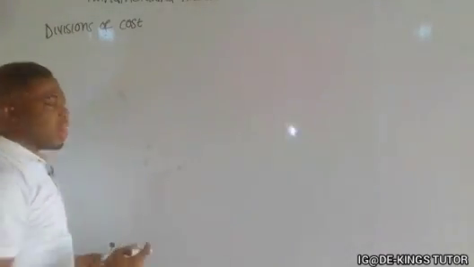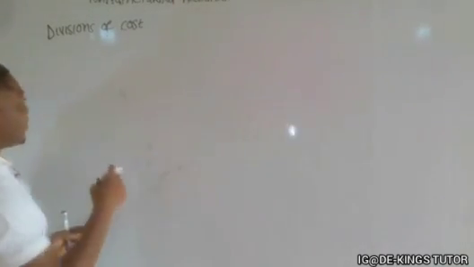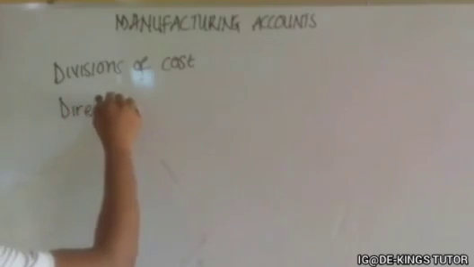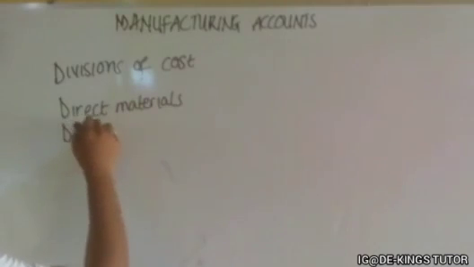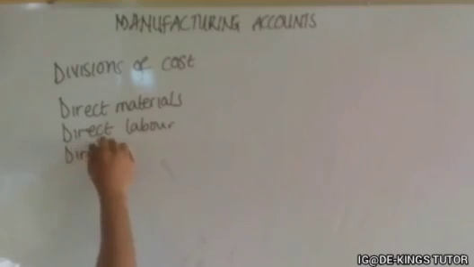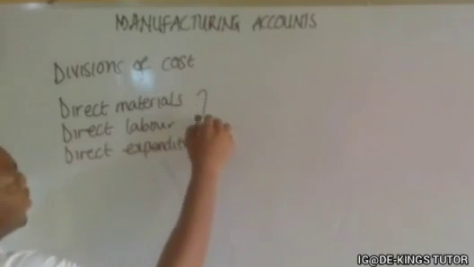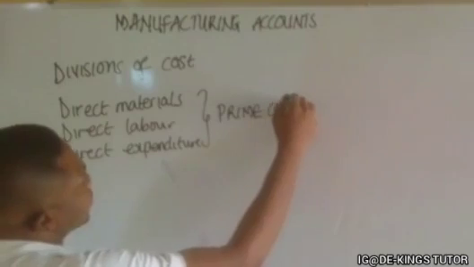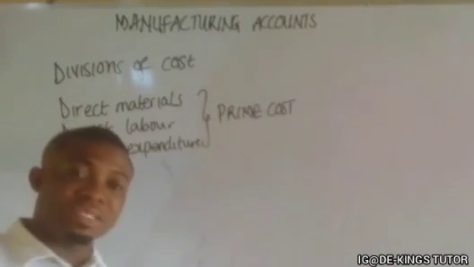Cost in terms of manufacturing account can be divided into direct materials, direct labor, and direct expenditure. All this gives what I call the prime cost. I will explain these one after the other in detail.